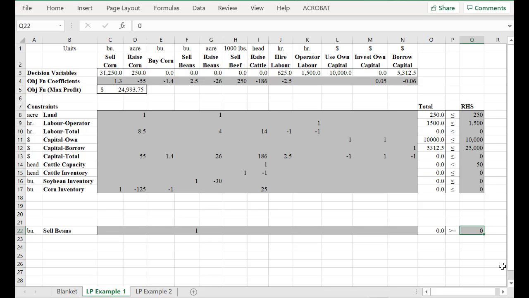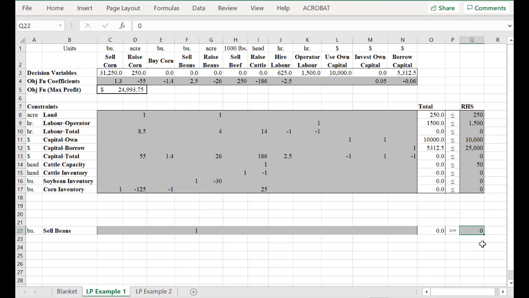I do want to show you that the change to the objective function value is exactly the shadow price for this non-negative constraint, or the reduced cost if you don't have this non-negative constraint explicitly.